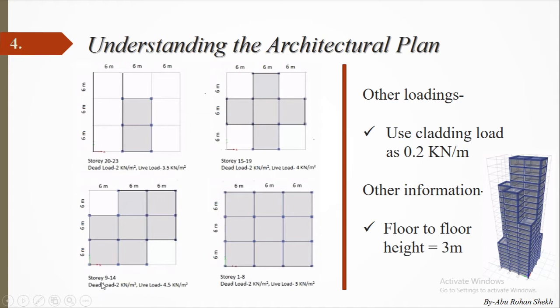For story 9 to 14 it is 4.5 kN per square meter, for story 15 to 19 it is 4 kN per square meter, and for 20 to 23 the live load intensity is 3.5 kN per square meter. For other loadings such as cladding, we do not use the auto draw cladding in the software, so we have to put the cladding load manually. We will use the cladding load as 0.2 kN per meter.